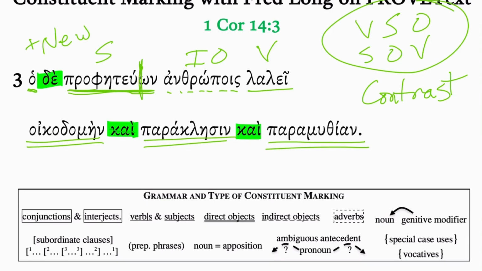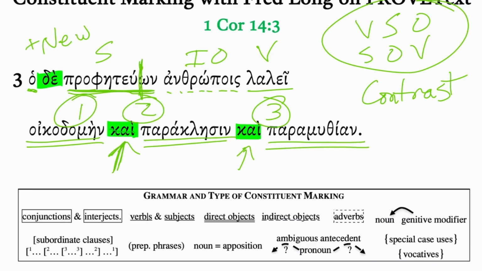Okay, so notice that there's a pileup. This is a list. You have three things here, and this list is prominent. Lists are prominent. And this kai helps offset each of these very favorable things that someone who prophesies does.